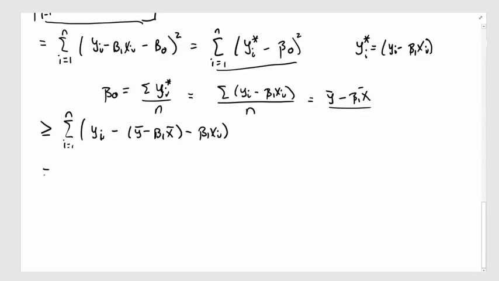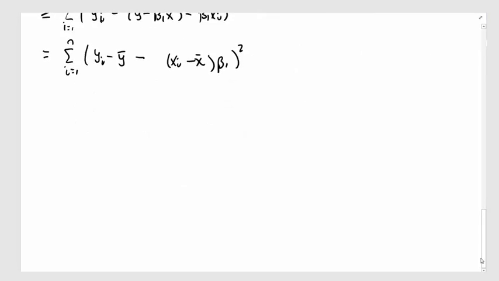Now, this is equal to summation i equal 1 to n of yi minus y bar minus xi minus x bar times beta 1, squared. And I forgot my square right there. Now, and I'm going to put some parentheses here, I'm going to rewrite this again.